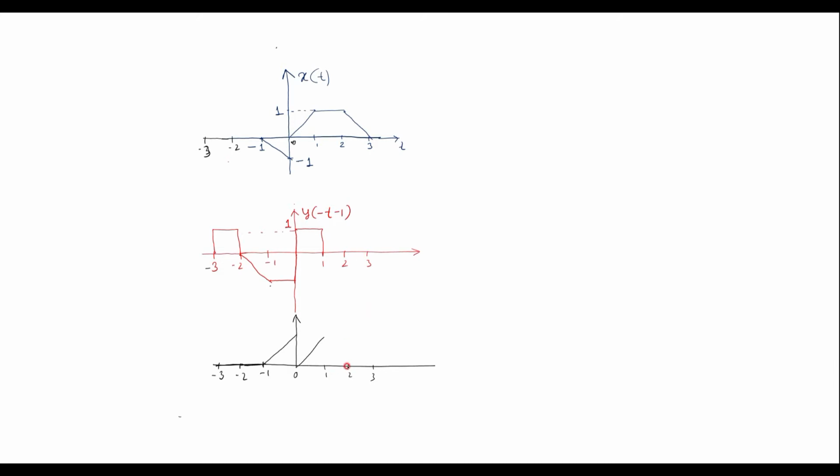So between 2 to 3, it is 0, and between 1 to 2, it is 0. Therefore, this signal will go back to 0. So this is the resulting signal, that is x of t multiplied with y of minus t minus 1. And here the amplitude is same, that is 1.